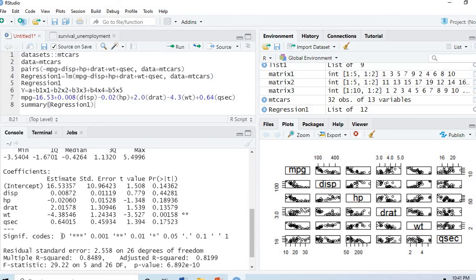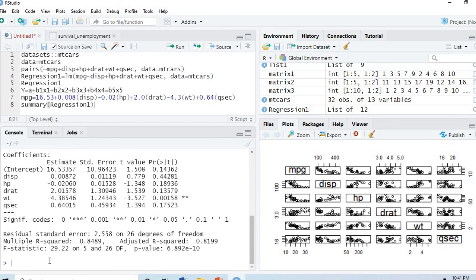Similarly, if I make 1 unit change in the Q-sec, the miles per gallon or the mileage would be increased by 0.6 units. So in this way, in your research paper or in your thesis, you are required to interpret the role of coefficients of independent vectors, and you have to mention which of the independent vectors significantly affect your dependent vector.